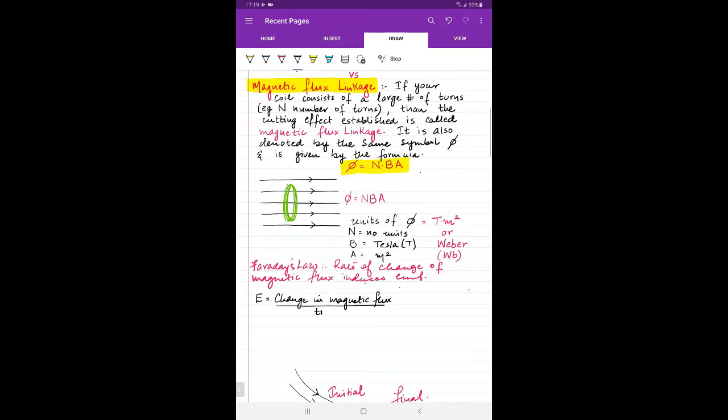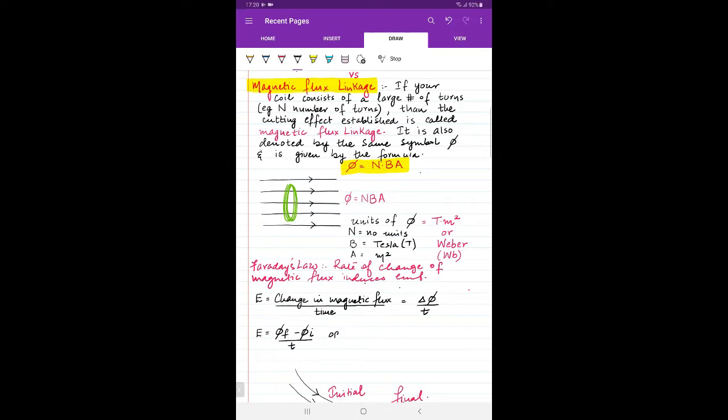Whichever suits you. This can further be written as, try to remember all of them, delta phi upon t, so change in flux, delta phi upon t. If you simplify further, delta phi can be written as final value minus initial value upon time.